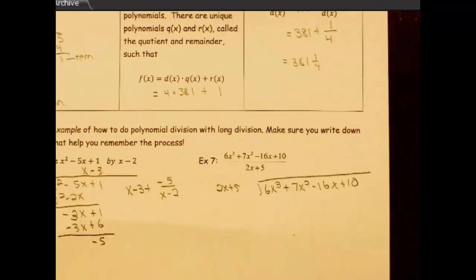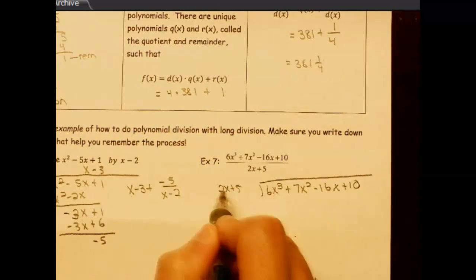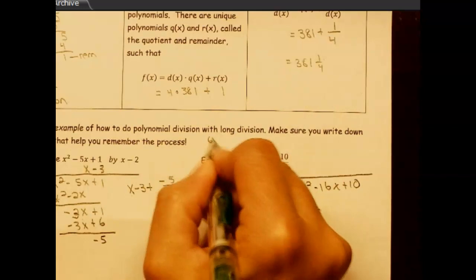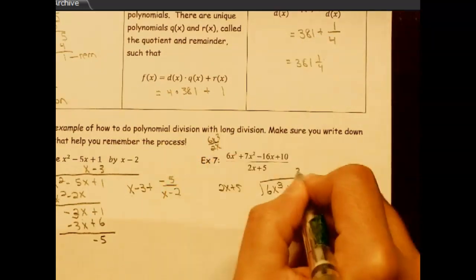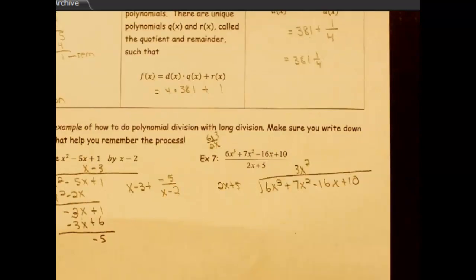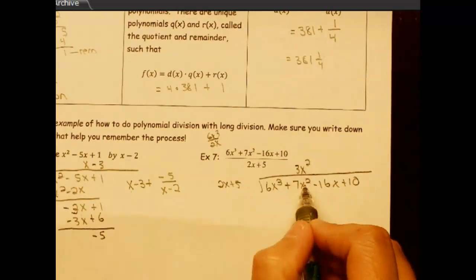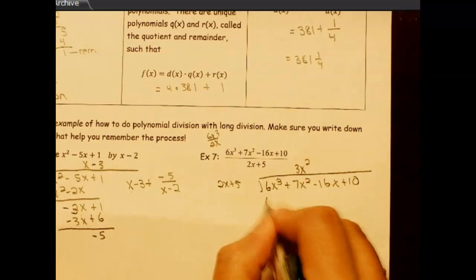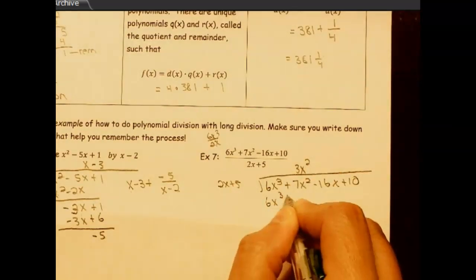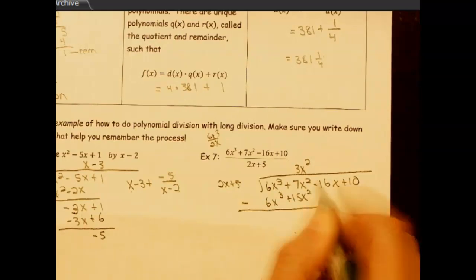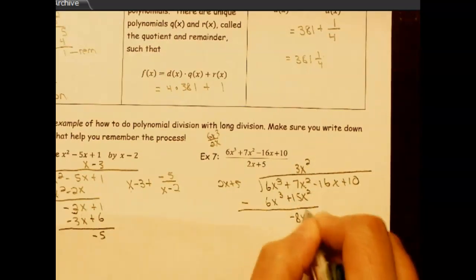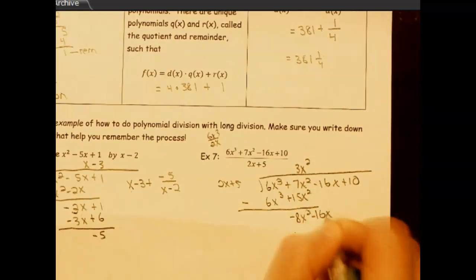Okay, so again, we're going to divide 6x cubed by 2x, if you need to see what I'm thinking. That gives me a 3x squared, and again, you want to make sure your like terms are lining up, so I'm putting it on top of the x squared. We multiply. We subtract. And then we bring down and start again.